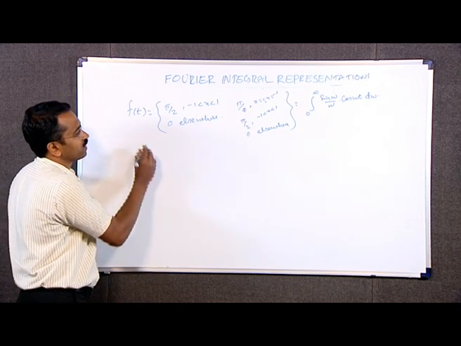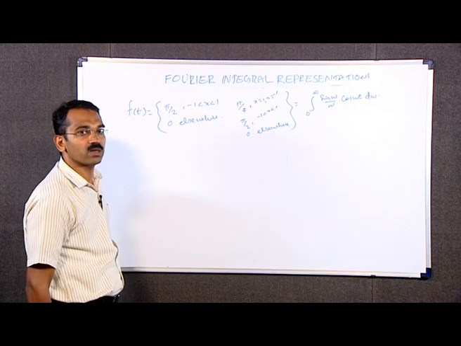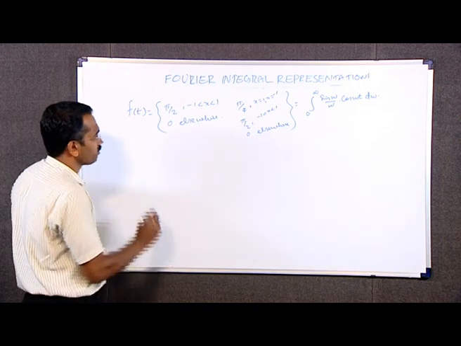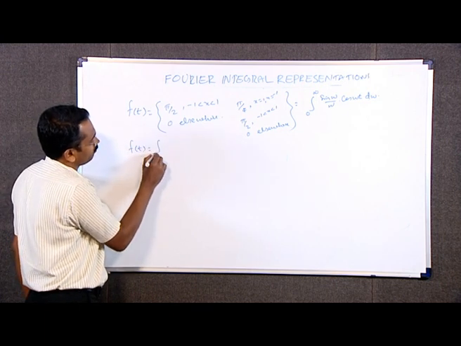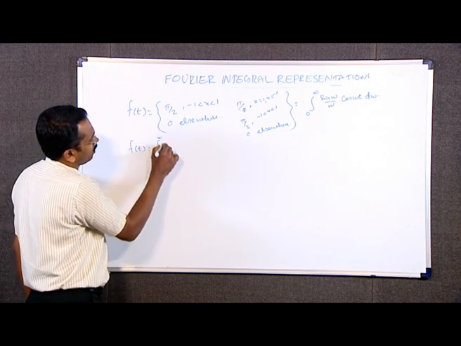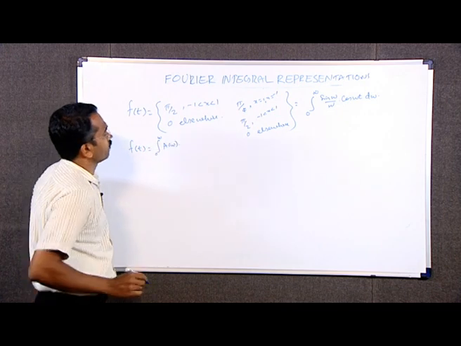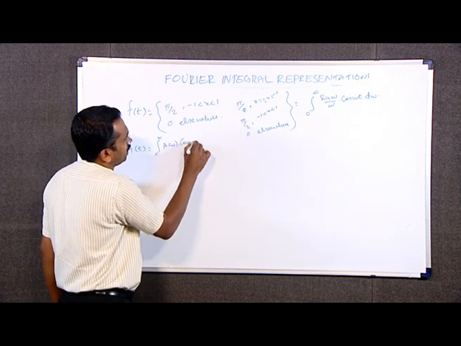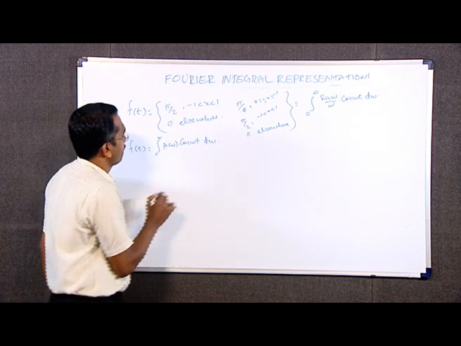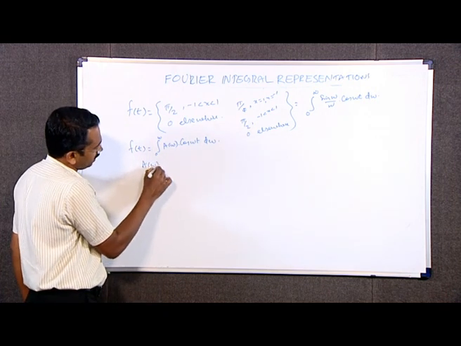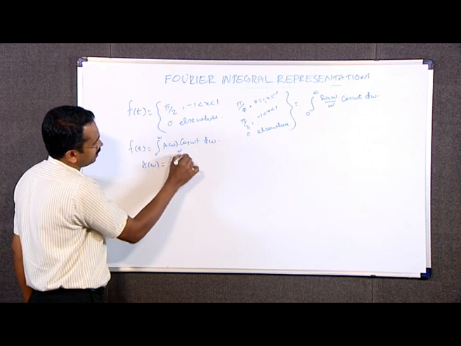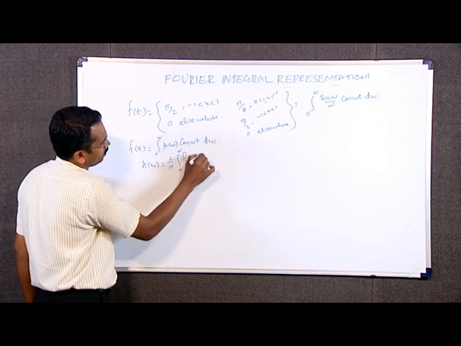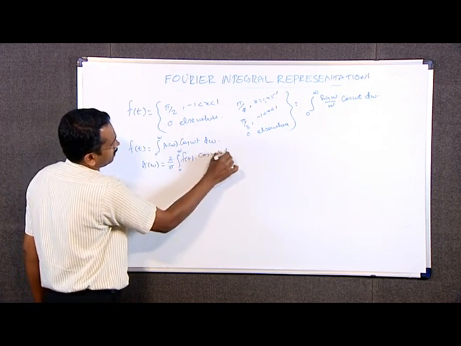This function is clearly an even function because it is a constant function. Therefore, the corresponding Fourier integral representation is f of t equal to integral from 0 to infinity of a omega into cos omega t d omega, where a omega is given by 2 by pi integral from 0 to infinity f of t into cos omega t dt.